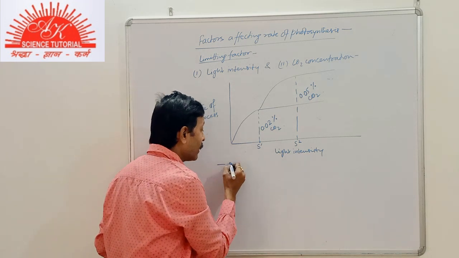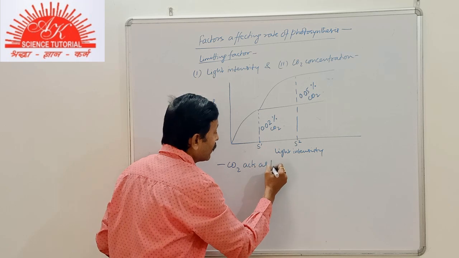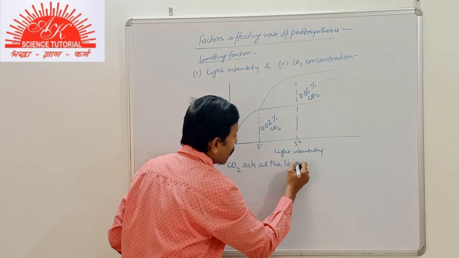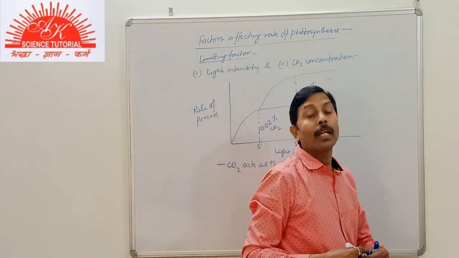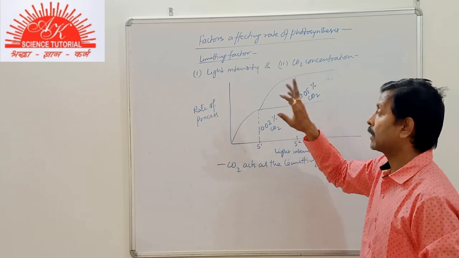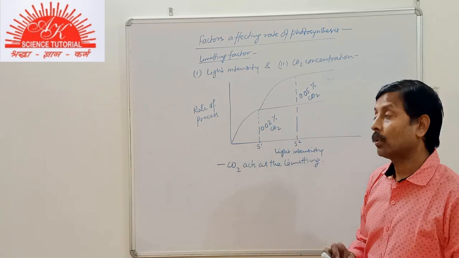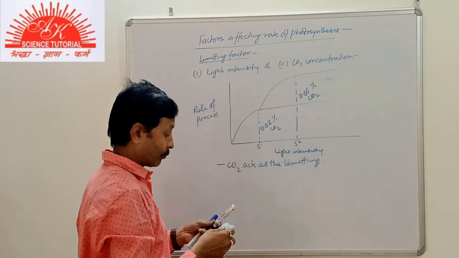Thus we see that CO2 here acts as the limiting factor, because the rate of process or photosynthesis was governed by the concentration of CO2 at this period. So this was the two factors taken together.